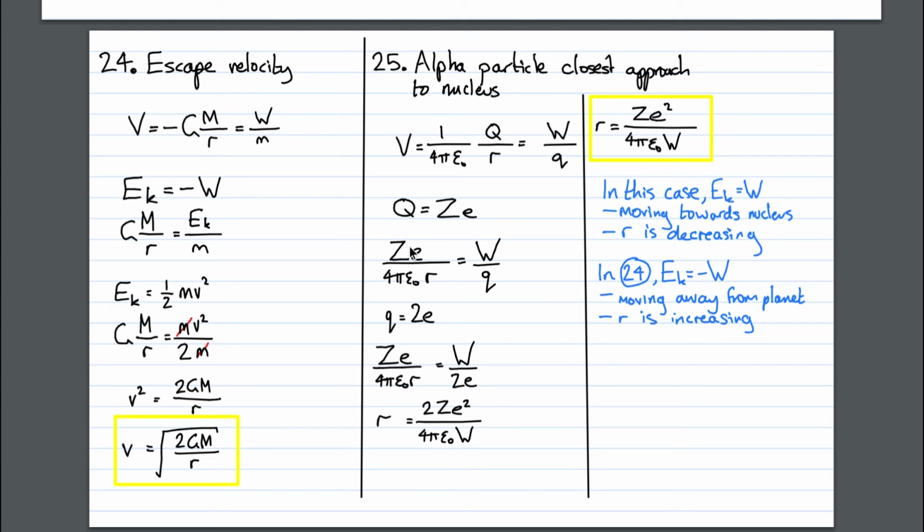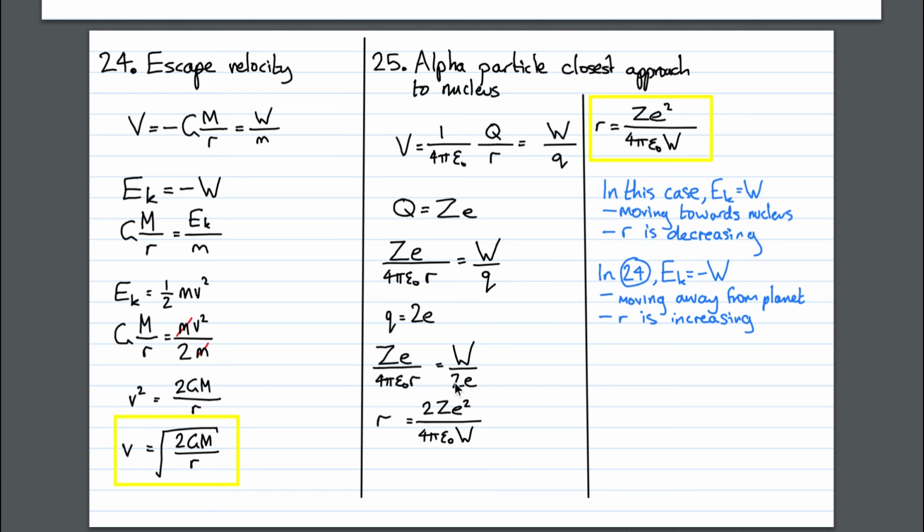So I can replace the Q with ZE, and I end up with this equation here. Now, little q is the charge of an alpha particle. So again, that's 2 times the magnitude of the elementary charge unit, or 2 times the magnitude of the charge on the electron. So that can be substituted in, and we get this equation.